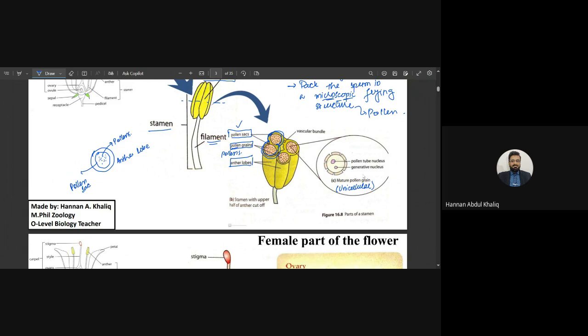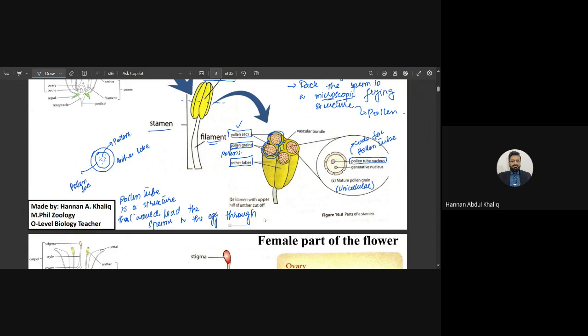They are unicellular structures containing one nucleus that is going to code for a pollen tube. Okay, what is a pollen tube? We'll be talking a bit more about it, but remember that a pollen tube is a structure that would lead the sperms to the egg through the style.